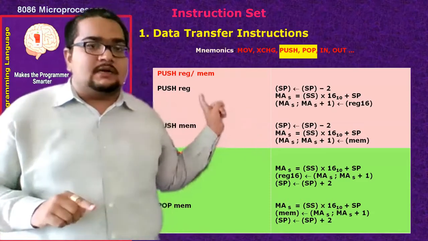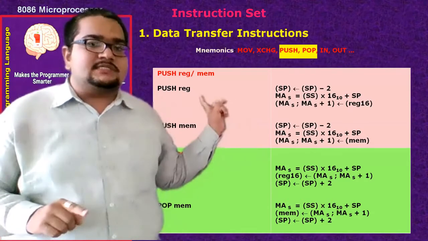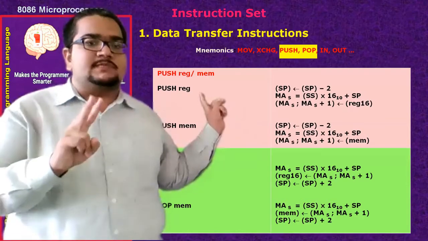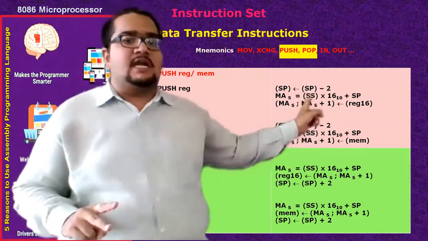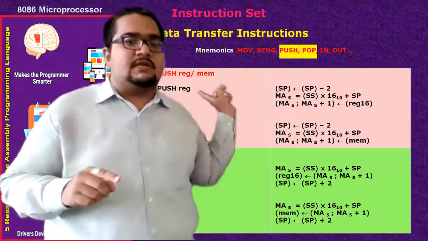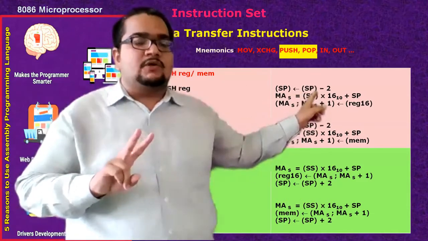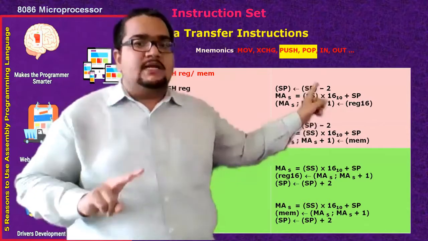According to the data size, as registers generally are 16-bit in 8086, 16-bit means 2 bytes, so it will save in 2 locations, and the pointer will decrease itself by 2 spaces.